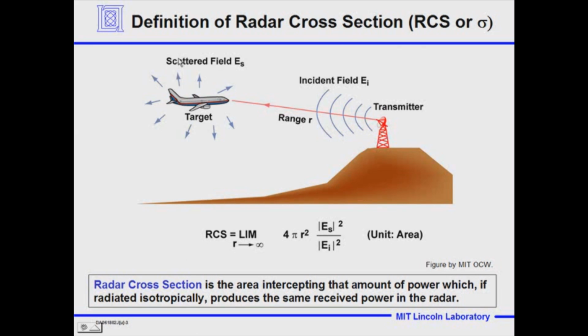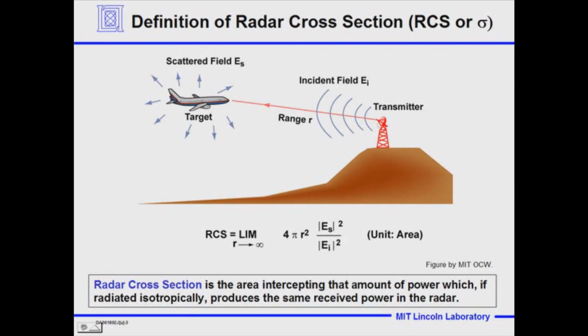And many will, with that first definition at that level introduced, these next set of words, if I say them slowly and twice, won't become so complicated. And I'll go over this equation in a minute, but the radar cross-section is the area intercepting that amount of power which, if radiated in all directions uniformly, that's what isotropically means, produces the same power received at the radar.